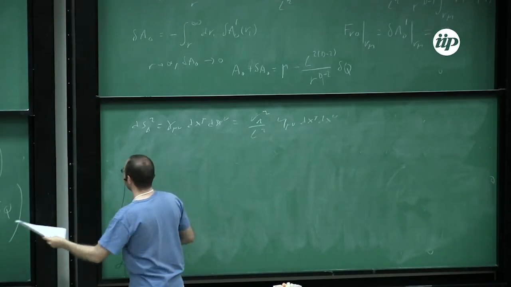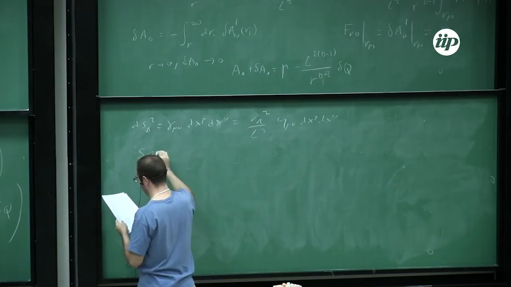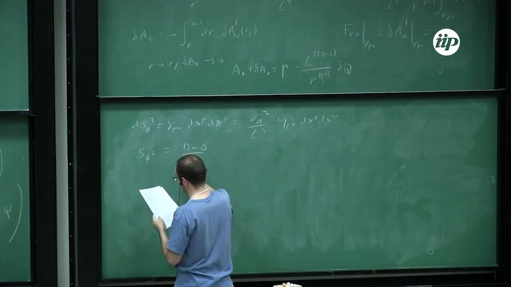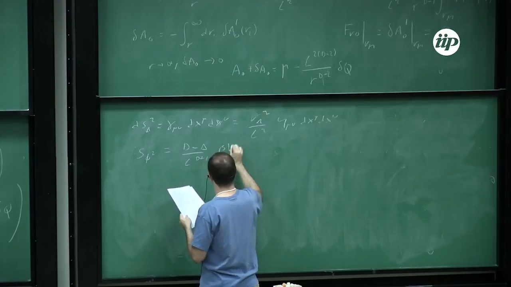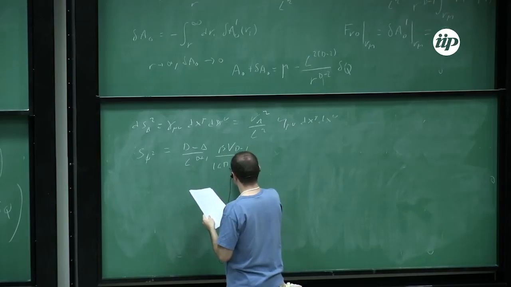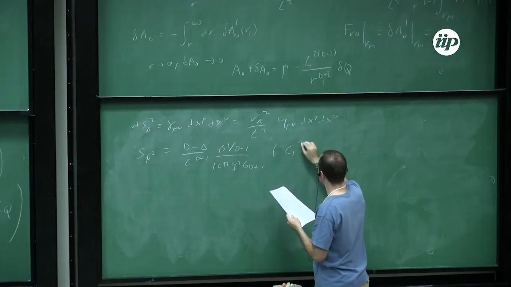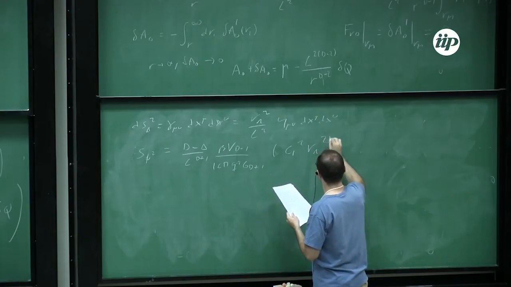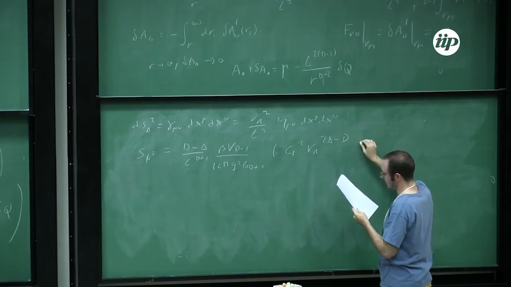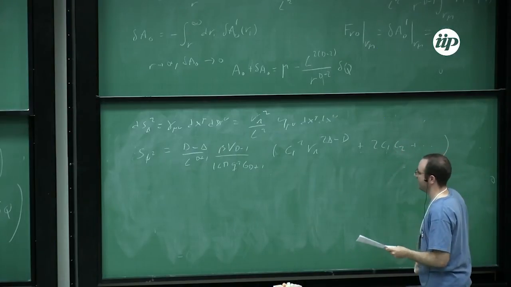And then you plug in the expansions and the expression for the induced metric. And you find that this S phi squared equals (d minus delta) over L, d plus 1, beta V_{d-1}, 16 pi G_N d plus 1. And then there is C1 squared R lambda to the 2 delta minus d. So this has the same power. And if you check the coefficients, you see they cancel. And there is an extra finite piece that is the one I was mentioning.